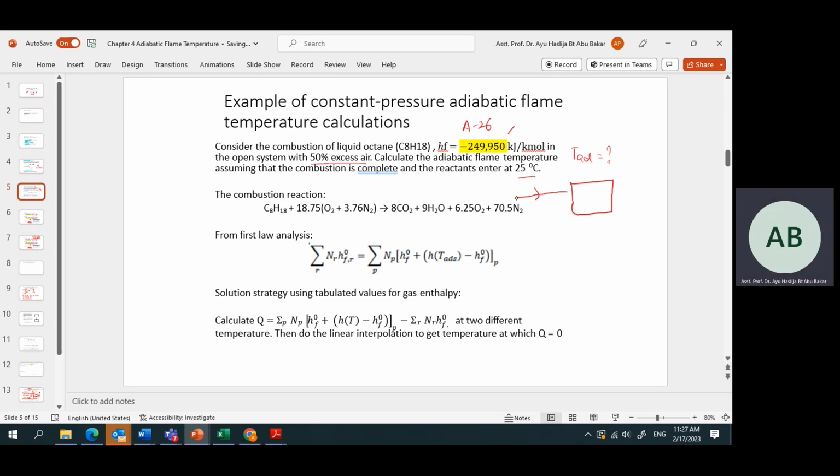You have your fuel, which is liquid octane, and air. Air is O2 plus 3.76 N2. And this is your product gases, complete combustion, and you have excess air. So what is in your product stream?